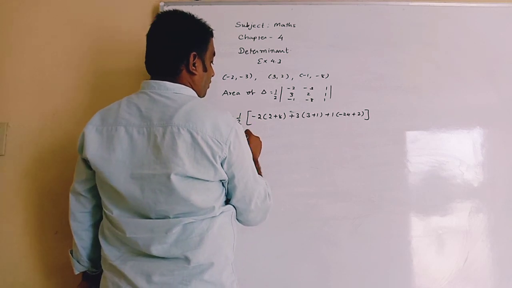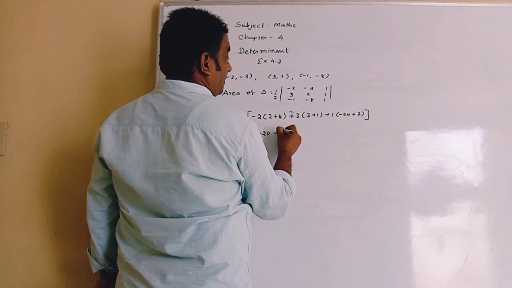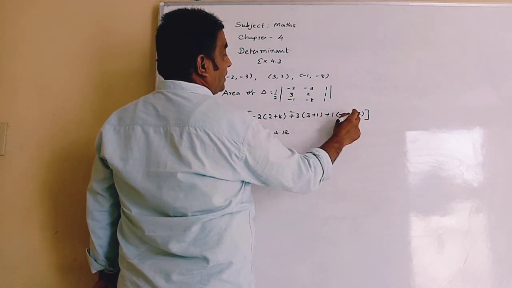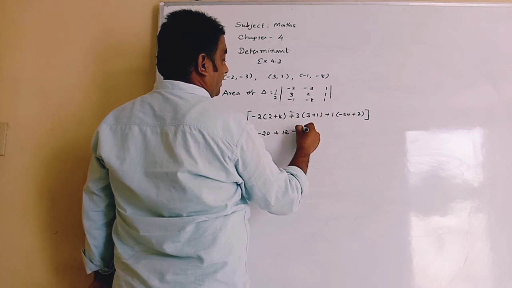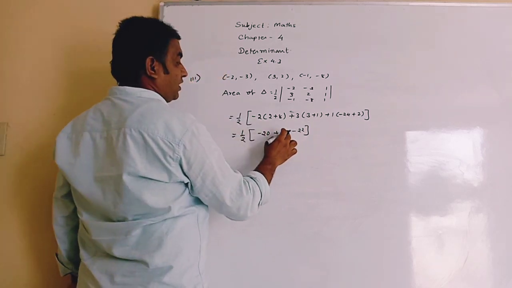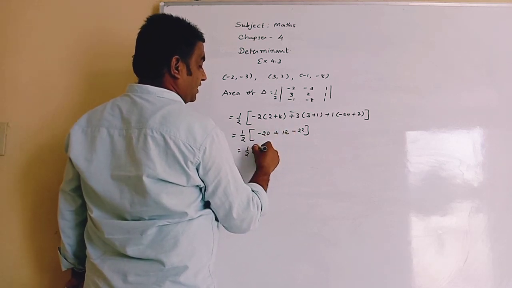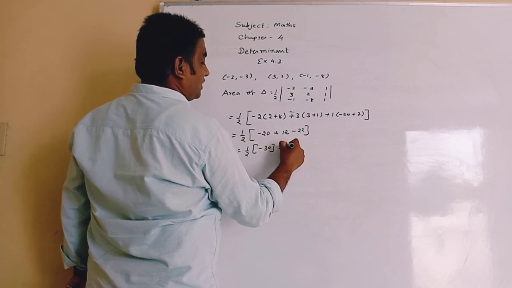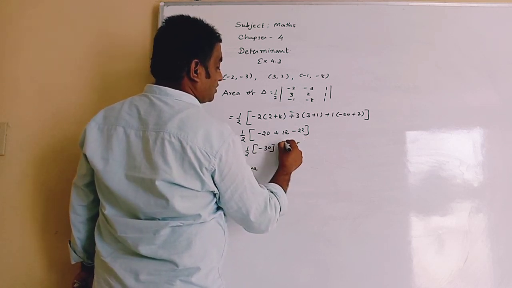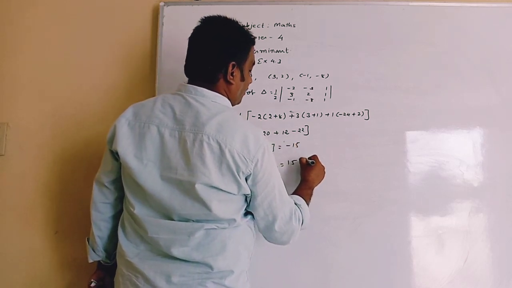So 1 by 2 [minus 20 plus 12 minus 22]. So minus 20 plus 12, that is minus 8, minus 22 gives minus 30, so 1 by 2 into minus 30 is minus 15. But area we always take positive, and so area of triangle equals 15 square units.